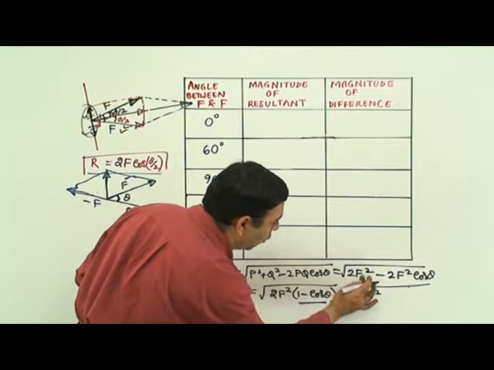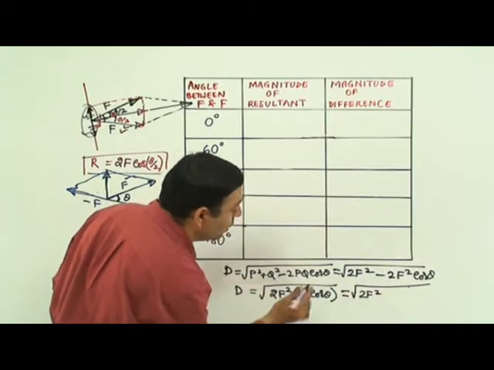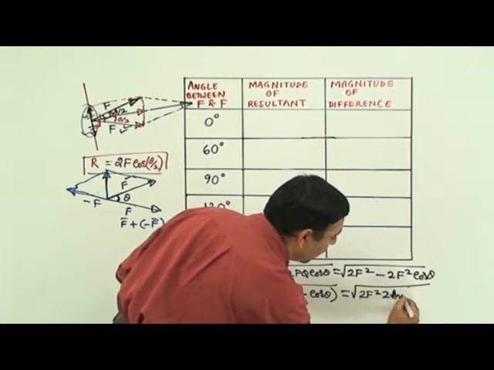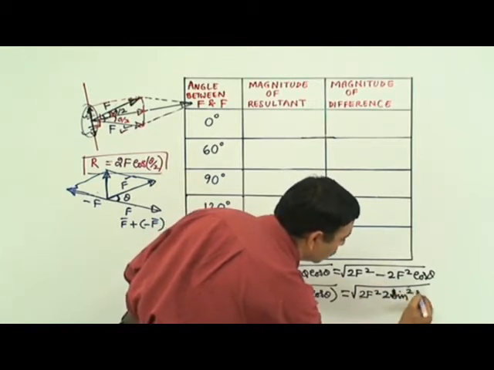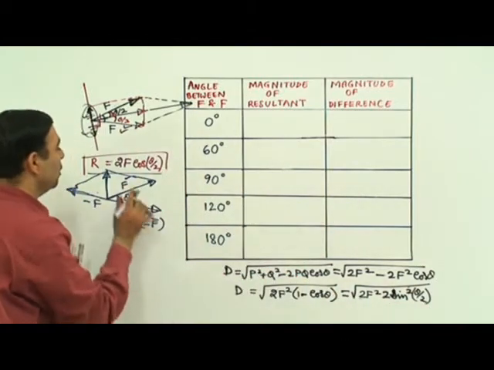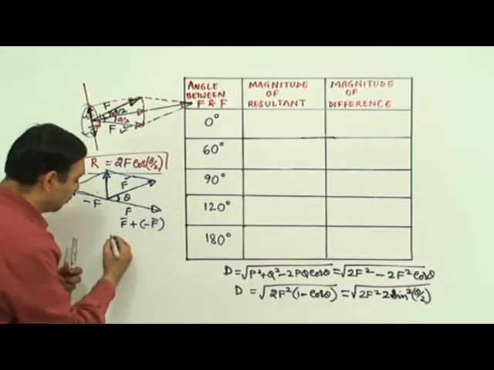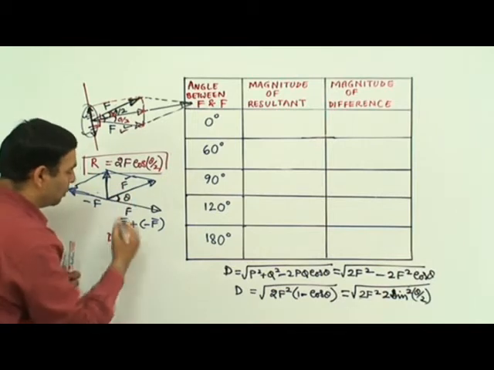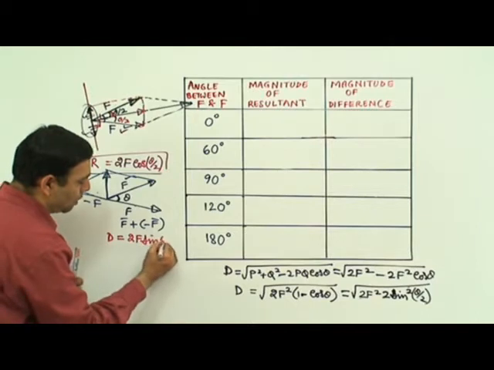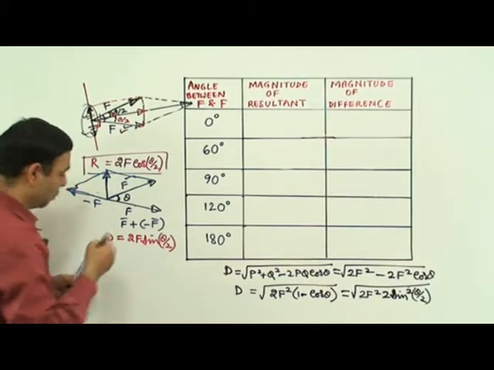Fine, 2F squared you can take common, so you have 1 minus cos theta, and 1 minus cos theta can be written as 2 sin squared theta by 2, and not cos. So everything else will be the same. The only thing is now the magnitude of difference will not be 2F cos theta by 2, rather it is going to be 2F sin theta by 2.